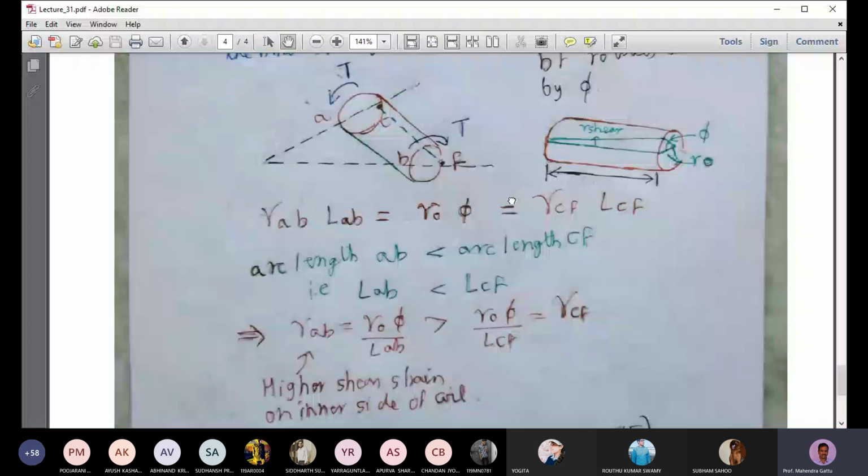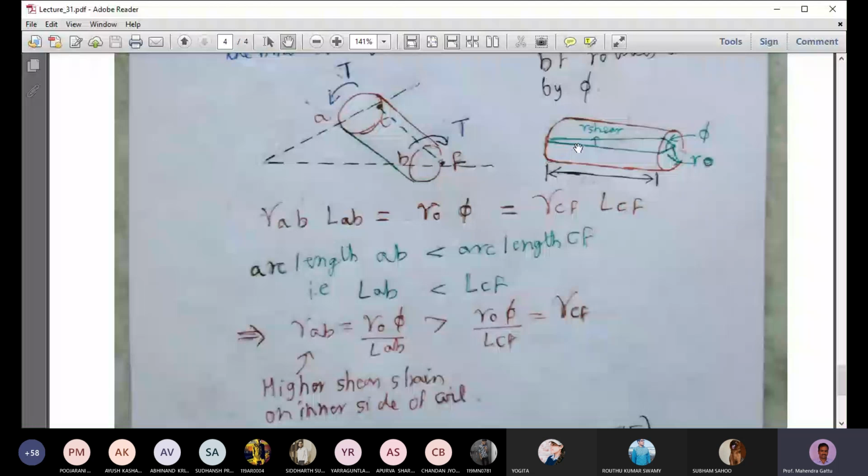So let's write that equation. If you draw a line here, and after deformation there will be some gamma shear occurring here. Let's denote that as gamma AB, and the length is LAB. So for this line, gamma AB times length LAB is equal to R0 times phi, where R0 times phi is the angle of twist.